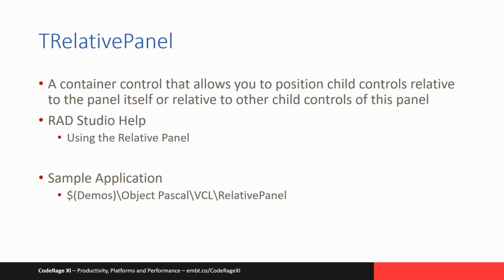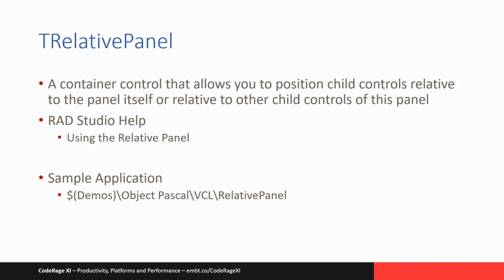The next control that we're going to take a much deeper look at is the relative panel. This is one of the new exciting controls that were introduced for Windows 10 support. It's a container control like a panel, but it allows you to control the child controls' positions relative to the panel itself or to other child controls that are in the panel.